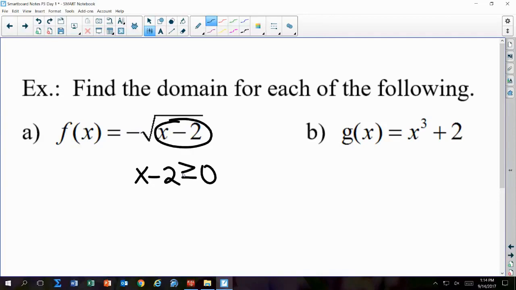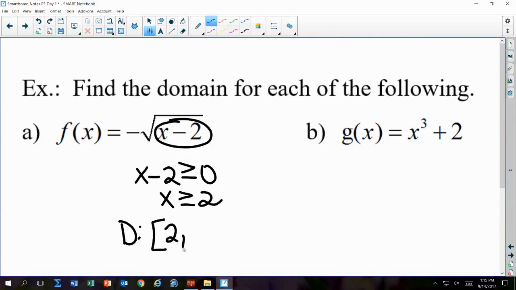Okay? So if I solve this, if I add 2 to both sides, that means that x has to be greater than or equal to 2. Because if x was less than 2, like if x was 1, I would get 1 minus 2, which would give me a negative number under that even root. And I don't want to deal with that. Okay? So now let's write our domain in interval notation. x is greater than or equal to 2.